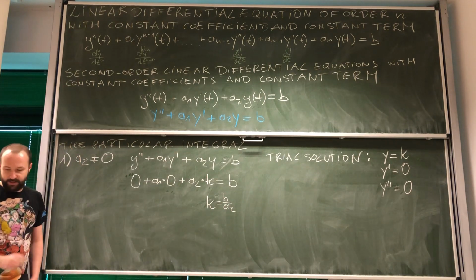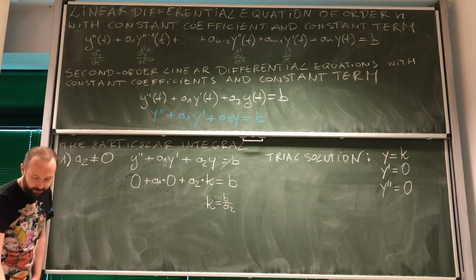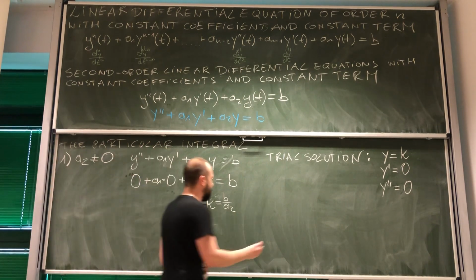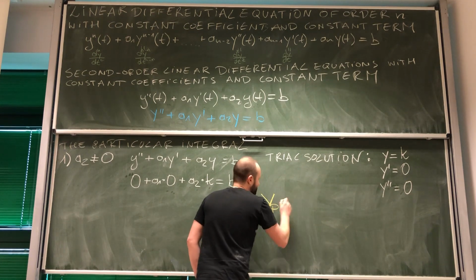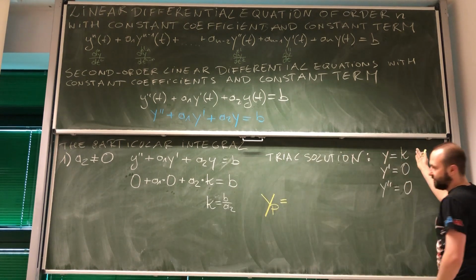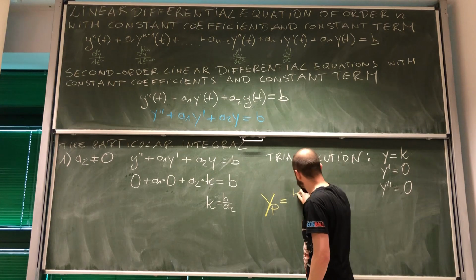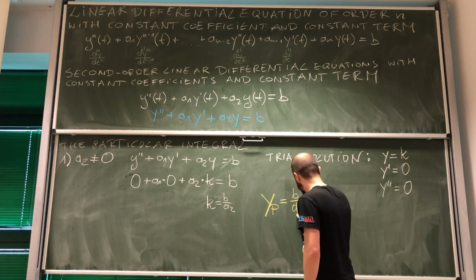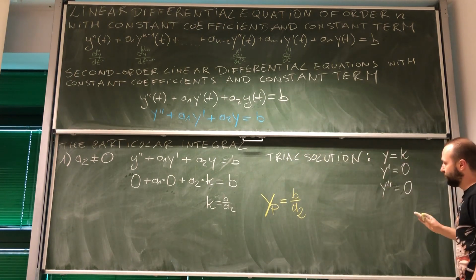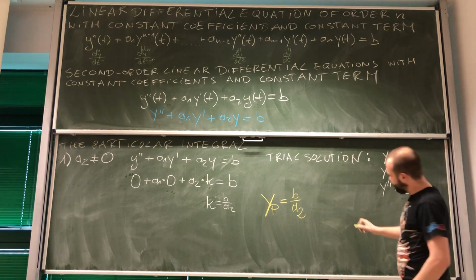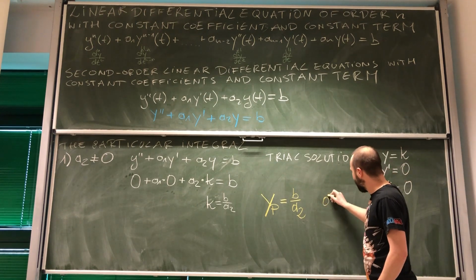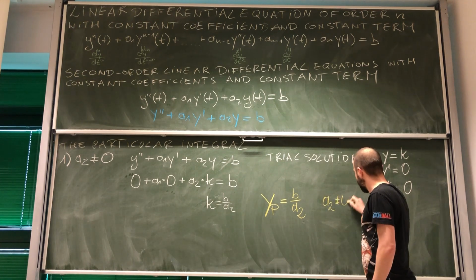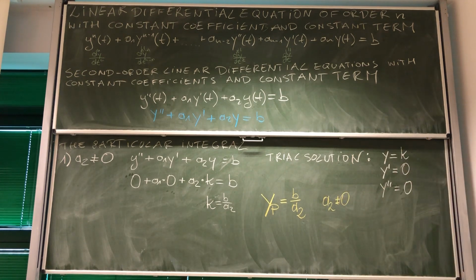And this means that the particular integral in this specific case is equal to a constant B over A2, with, of course, the restriction that we imposed at the beginning that A2 must be different than 0.